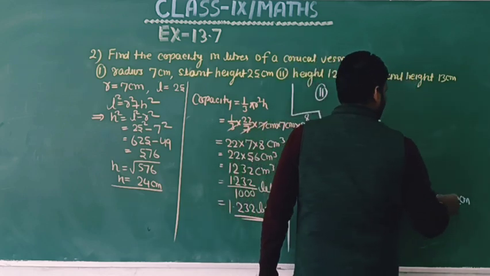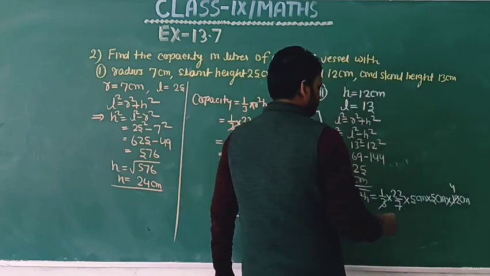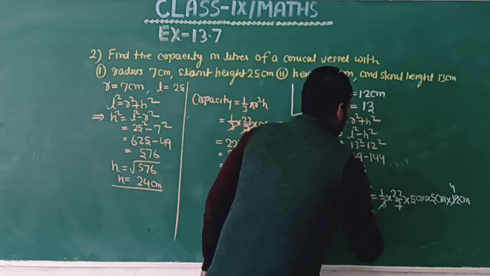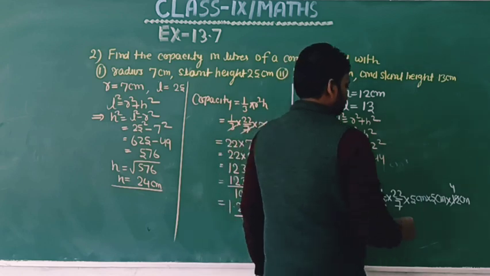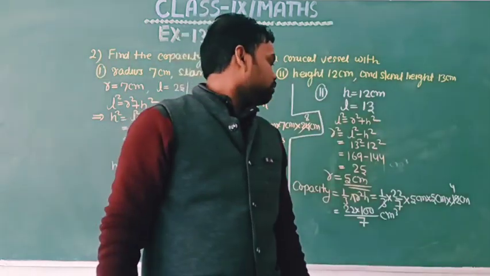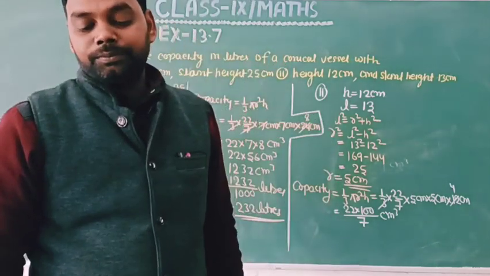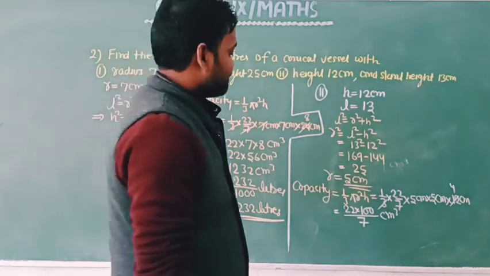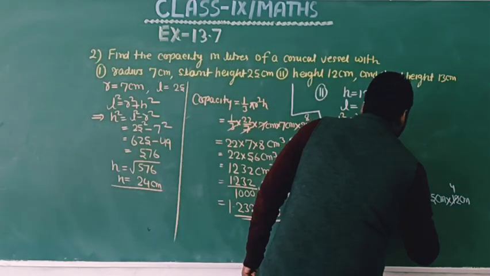So 3 fours are 12, and now multiply 22 by 5 fives are 25, and that gives 22 into 100 upon 7. So this is 2200 upon 7 centimeter cube.